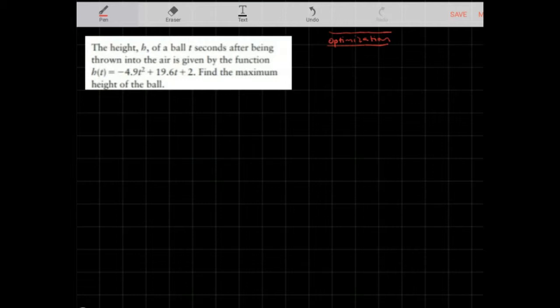And we can actually do this if we are given a function. We can determine the maximum or minimum point by using the first derivative test, right?